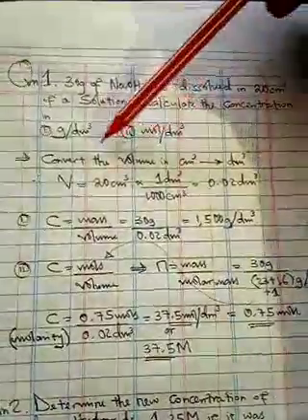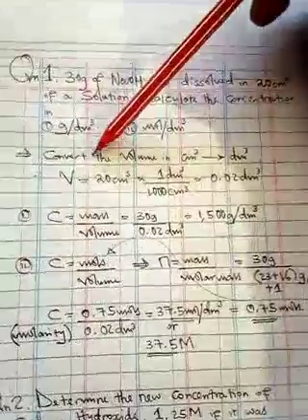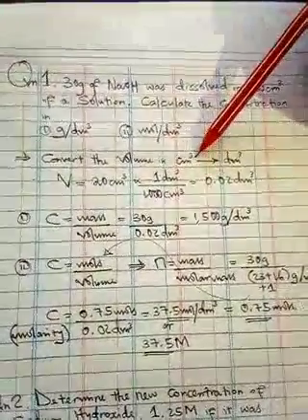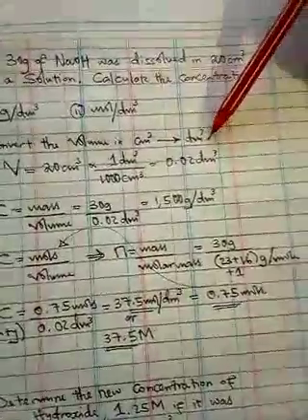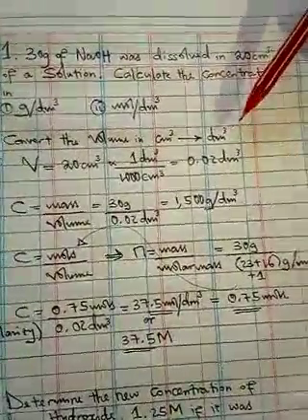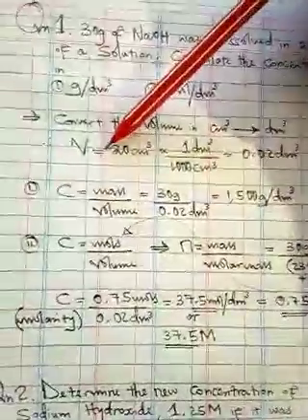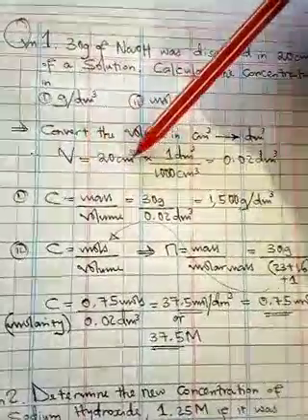That's the whole reason why I have written a point for you to convert the volume, which is in centimeters cubed, to decimeters cubed. You're supposed to convert that. How? This is our volume, 20 centimeters cubed.